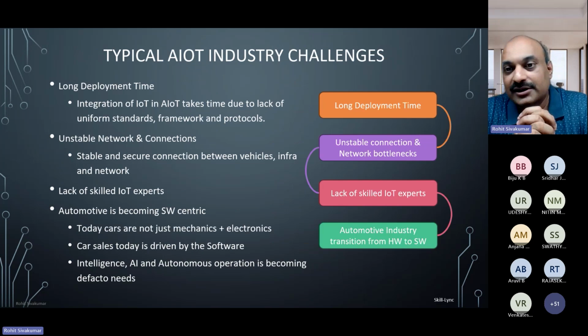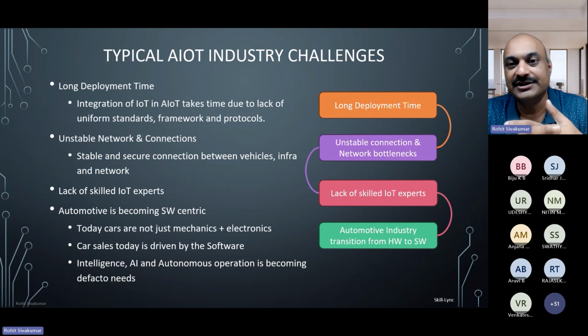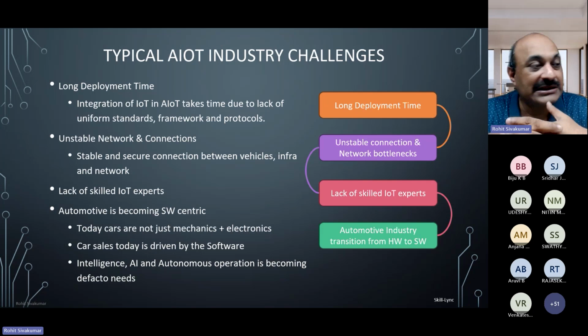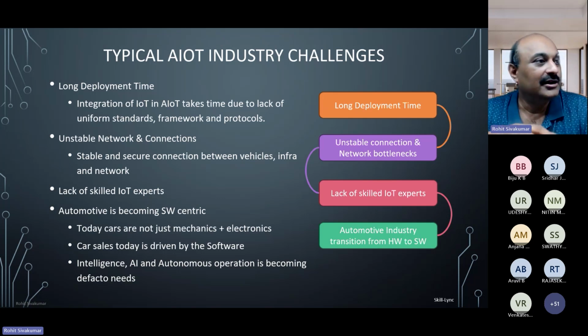Now, the regular typical AIoT challenges are about long deployment time. It takes a lot of time to build systems because of non-uniform standards, different frameworks, and different protocols. So it takes time to deploy things and make them robust. Software will have its bugs, and making sure they are safe enough takes time.